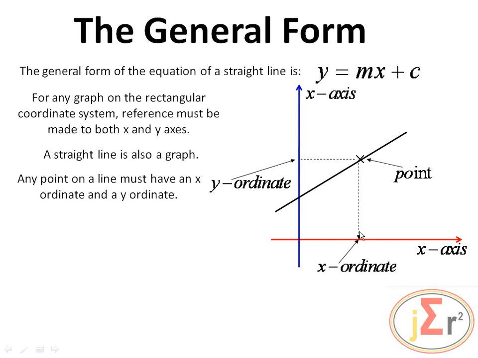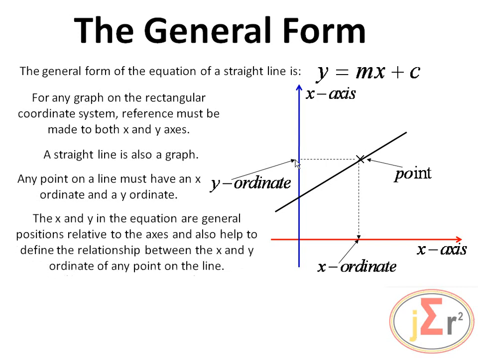The x-ordinate is its position relative to the x-axis, as we can see, and its y-ordinate is the position relative to the y-axis. The x and y in the equation are general positions relative to the axes and also help to define the relationship between the x and y ordinates of any point on the line.